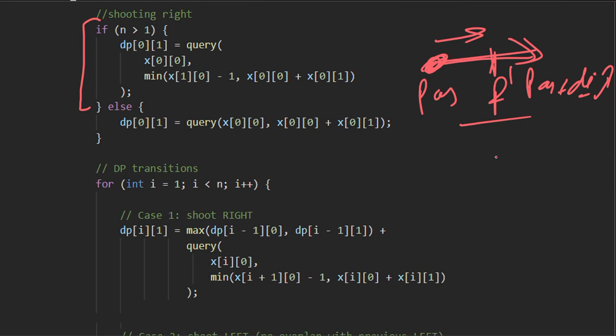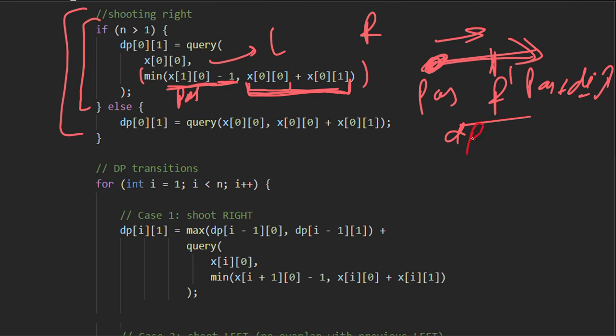So suppose r dash is present here, then we take the minimum of the position of the next robot minus 1, or the position of the current robot plus distance, as the r value, and the l value is the position of the current robot. This way we get dp of 0 1 also.